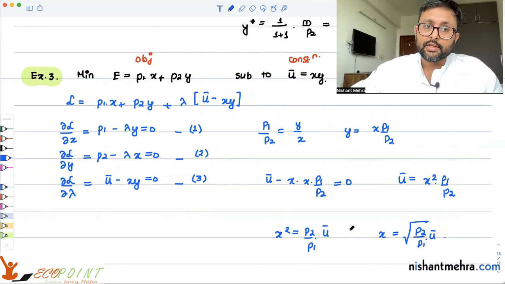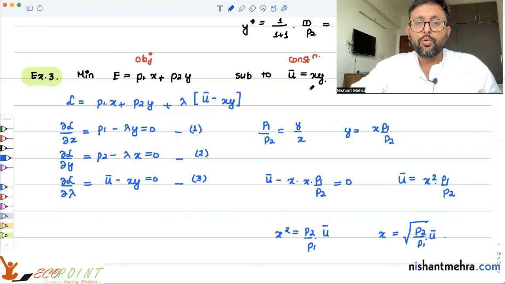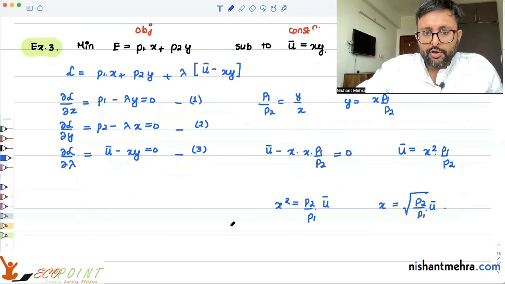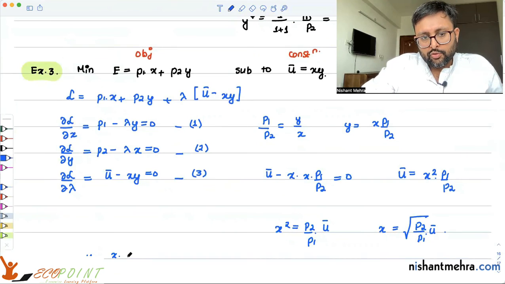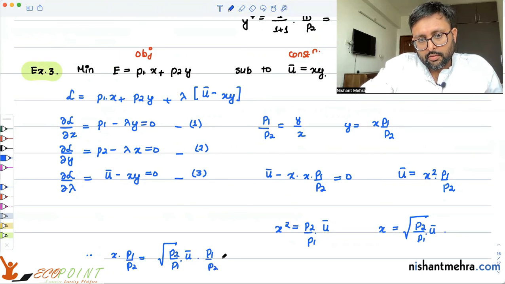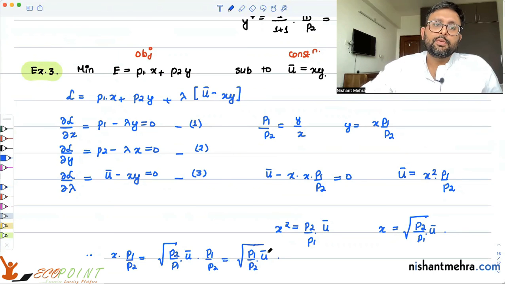So if you want to minimize this expenditure, when you want to have this level of utility, this is the level of x which you should be consuming. The moment you have x, you can substitute it in y here. So it is x into P1 by P2. What is x? Root of P2 by P1 U bar into P1 by P2. This is root of P1 by P2 U bar, right?